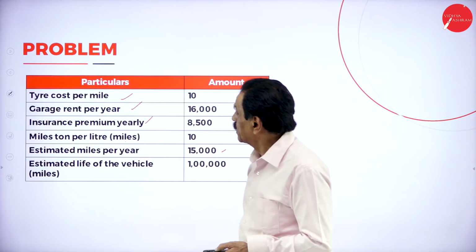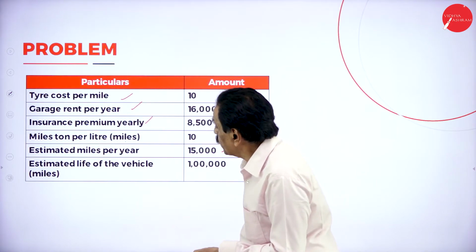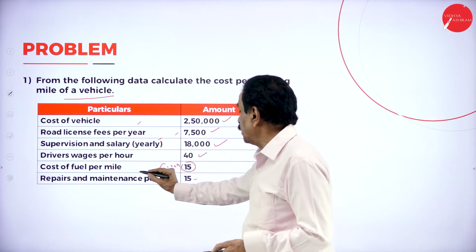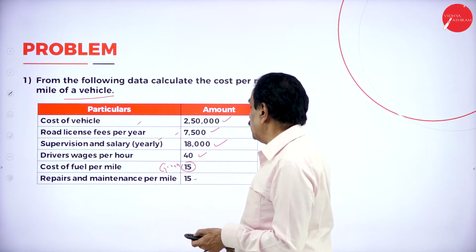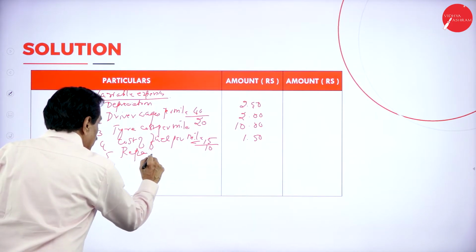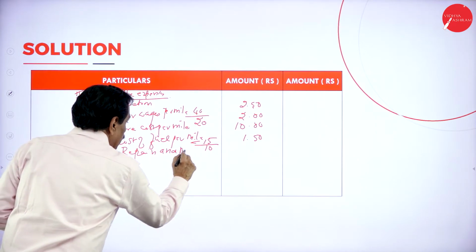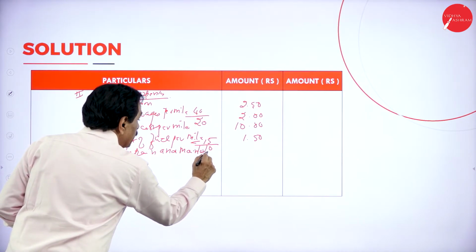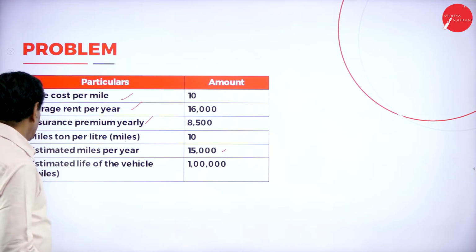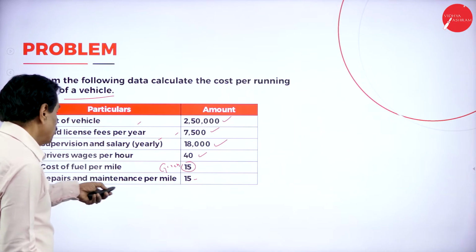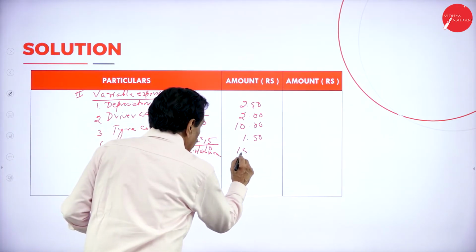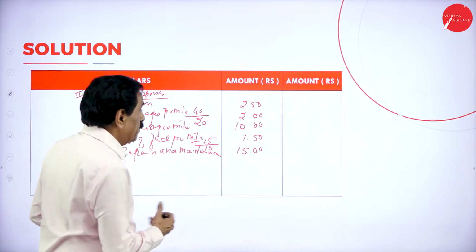Then tire per mile is over. Regarding the driver, cost of fuel, and repairs and maintenance per mile. Repairs and maintenance per mile is given as 15.